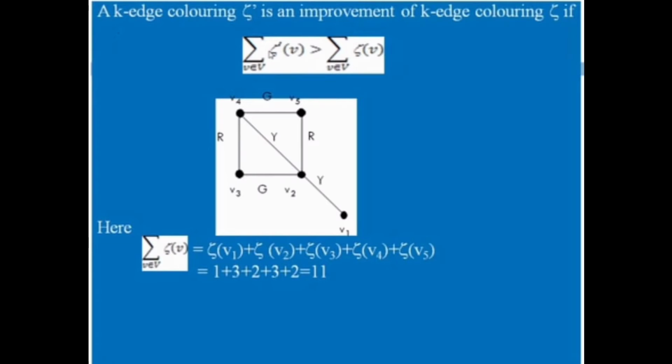And at V1, only 1 color is represented. So the sum of the colors represented at every vertex under the edge coloring script C is 1 plus 3 plus 2 plus 3 plus 2, and the total sum is 11.